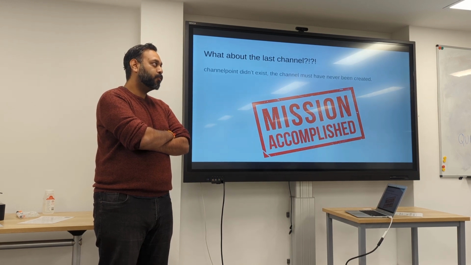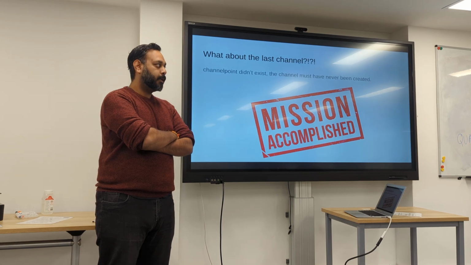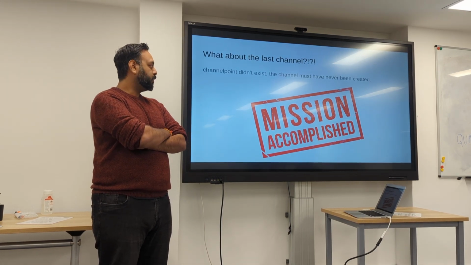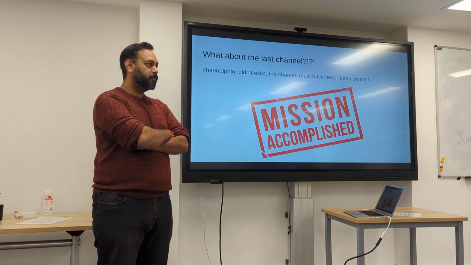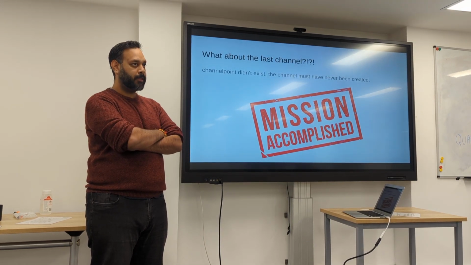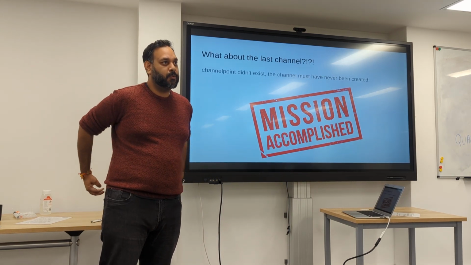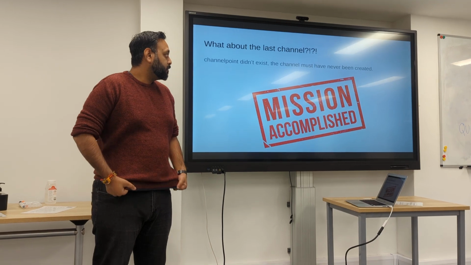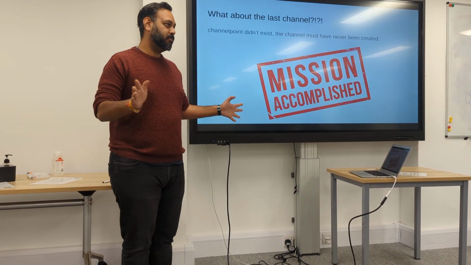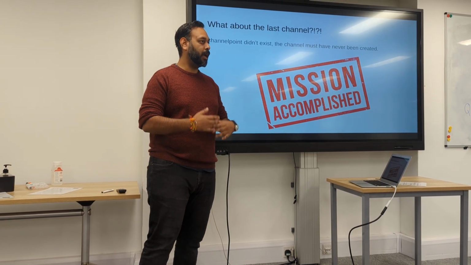That's how you know where the channel is, where all the money for that channel is, and the transaction for that channel point doesn't exist on the blockchain, which means it probably created the record, but then maybe failed to create the channel, or something went wrong halfway through. Maybe someone here can give details of what might have gone wrong, but all I know is it doesn't exist, so I'm going to just say that it was probably a channel that tried to be created but didn't, and I haven't lost any money from that.